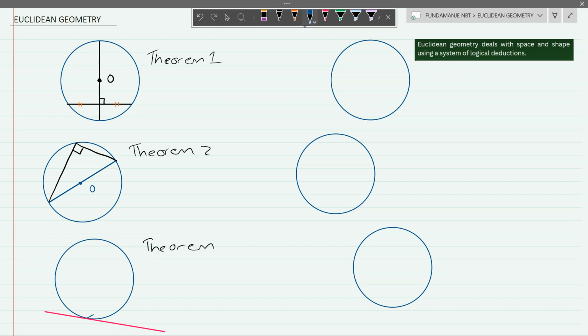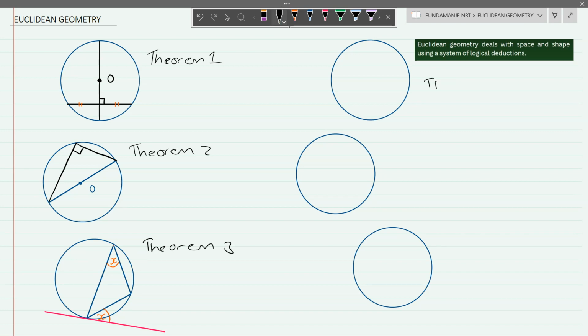And we can have a chord maybe looking like that, and then this chord subtending an angle at the circumference. The law says that this angle that is in between our tangent and our chord is equal to the angle subtended. To subtend means to form an angle. So this chord here subtends an angle at the circumference, which will also be x. And that is theorem number 3.